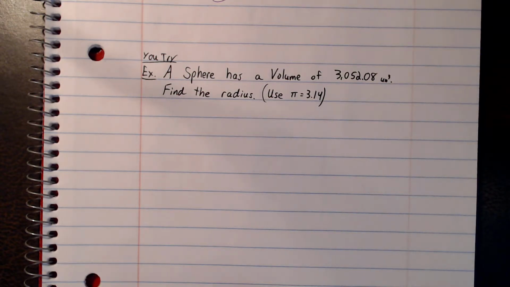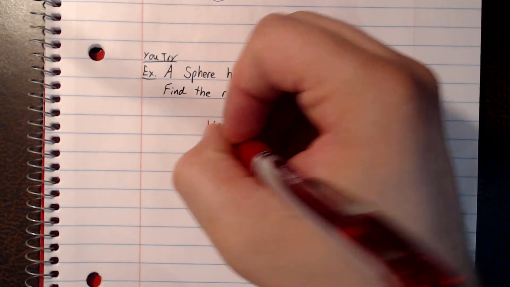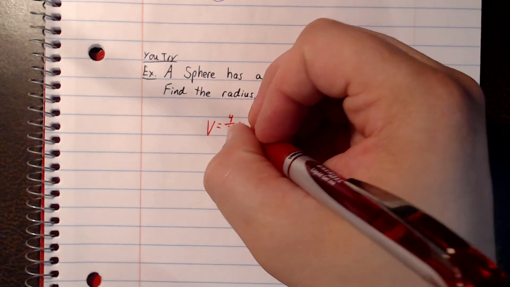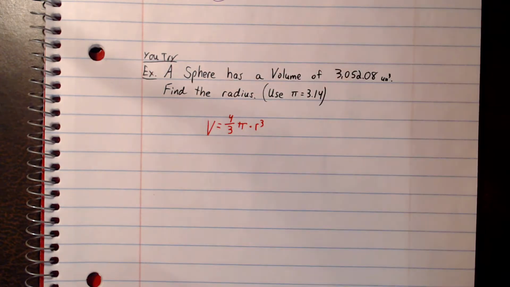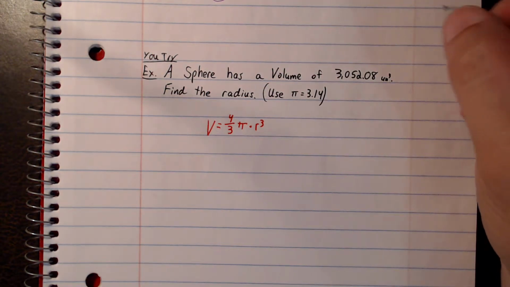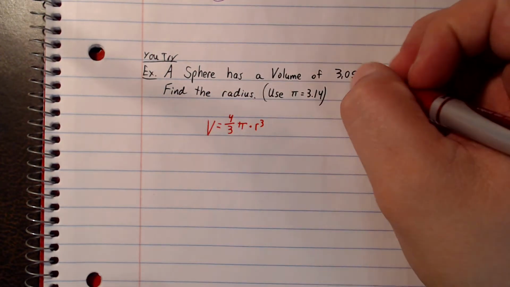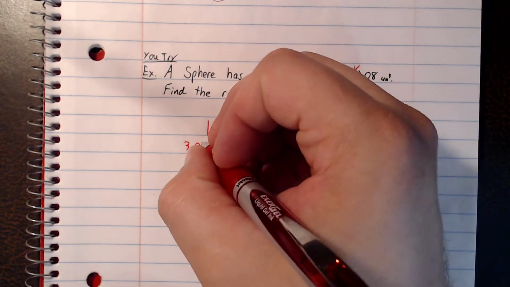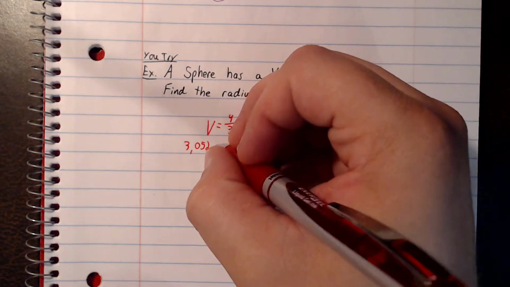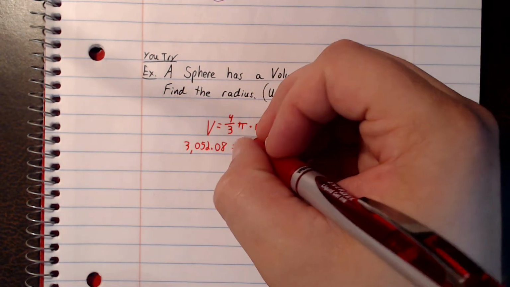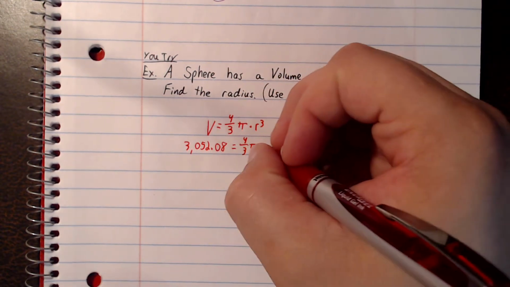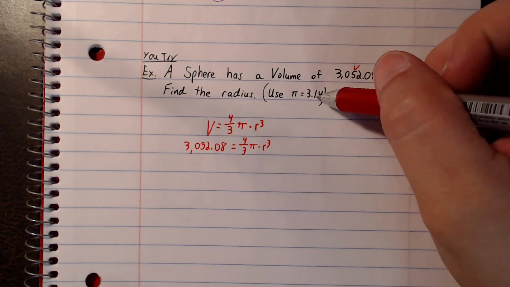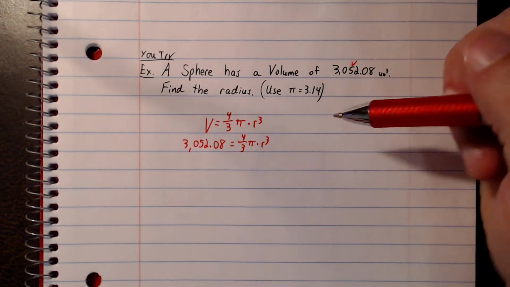Alright, so let's see. Volume of a sphere is 4 over 3 pi times radius cubed. They told us the volume, so this is V, is 3052.08. We don't know the radius, but we do know pi is going to be worth 3.14.